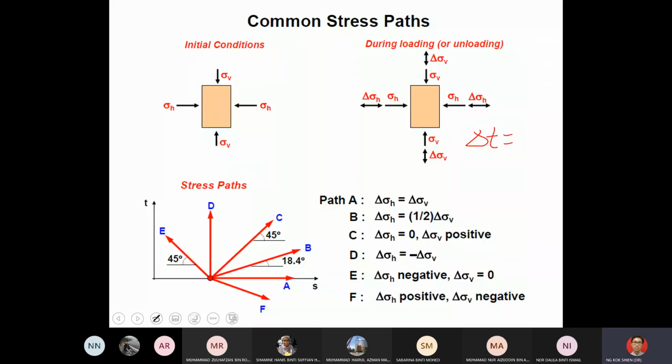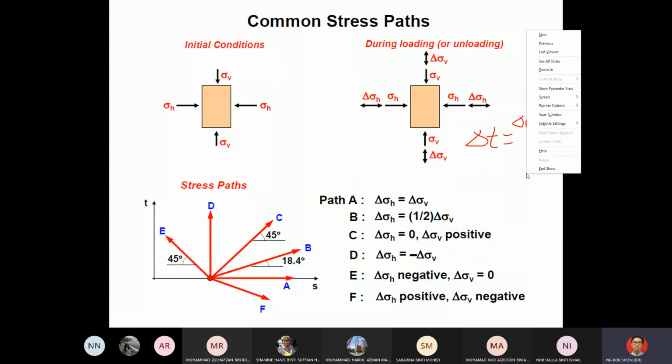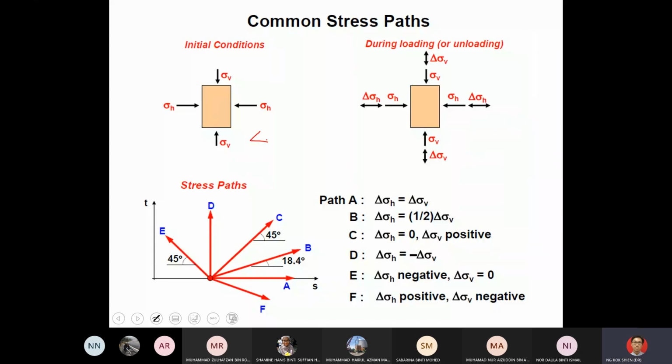We know that delta T is delta sigma V minus delta sigma H, divided by 2. So what is the answer? Delta sigma V is positive, and delta sigma H is 0, right? So you will get delta sigma V over 2 for delta T.